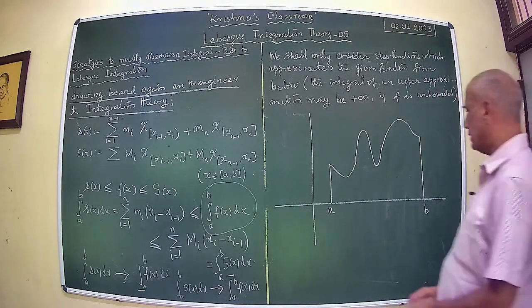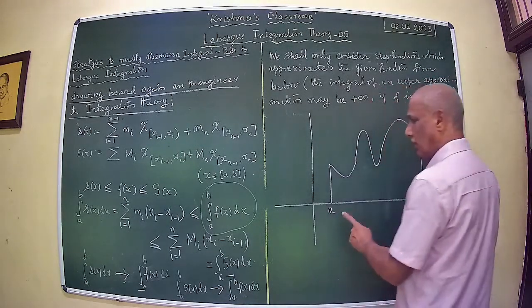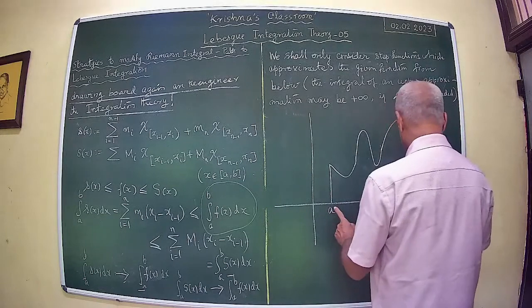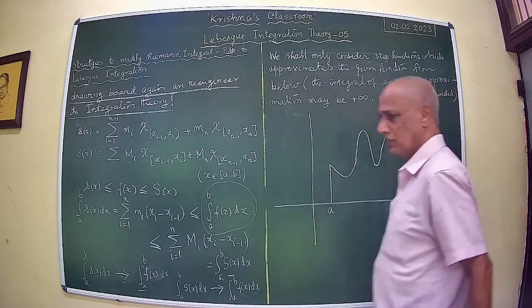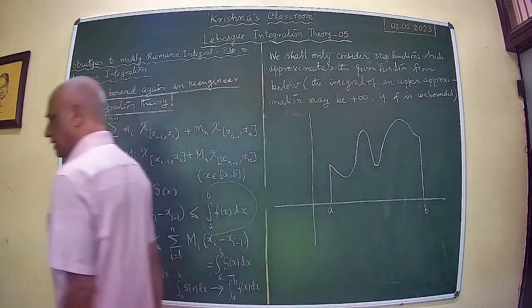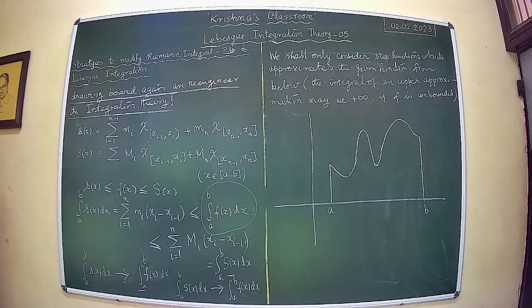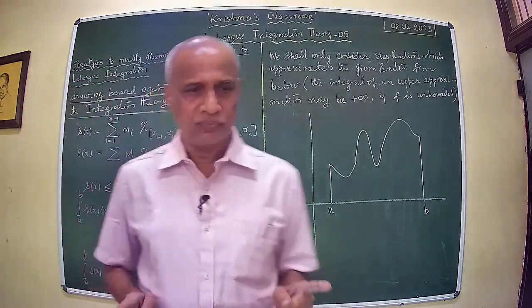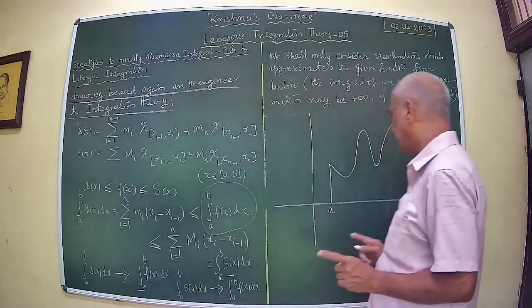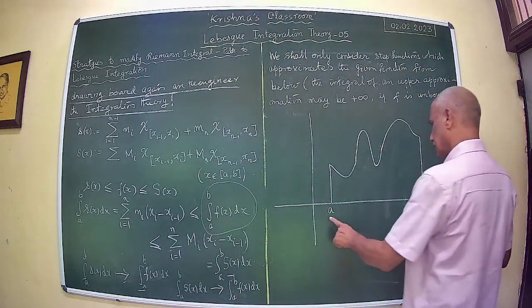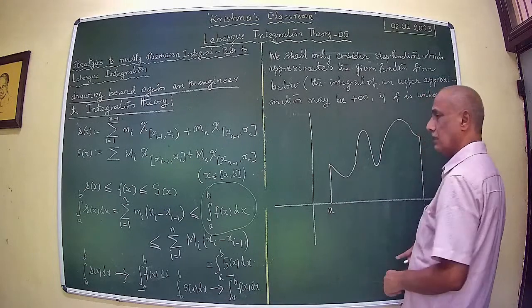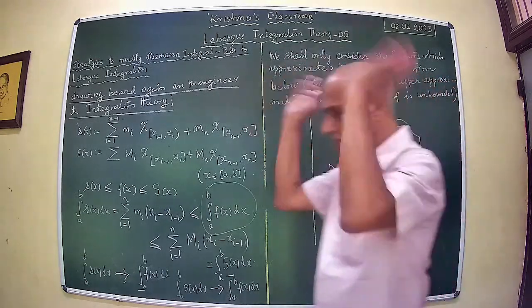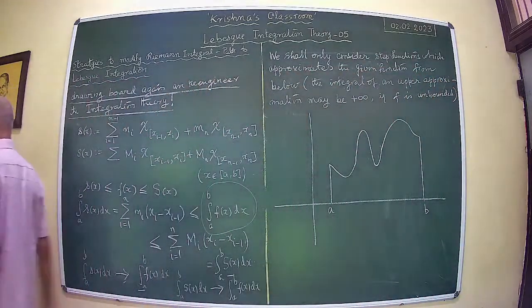So what we do is, you recall the Riemann integral, we were somewhat rigid about our strategy. Namely, we introduce a partition on the interval AB, irrespective of what function we are going to work with.